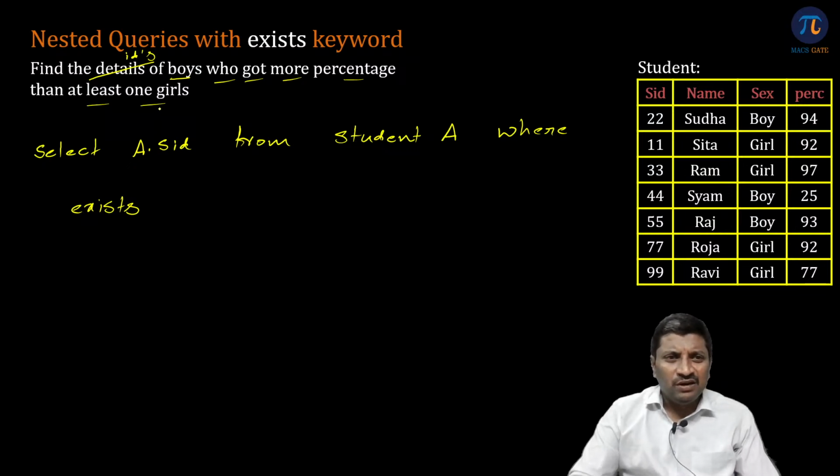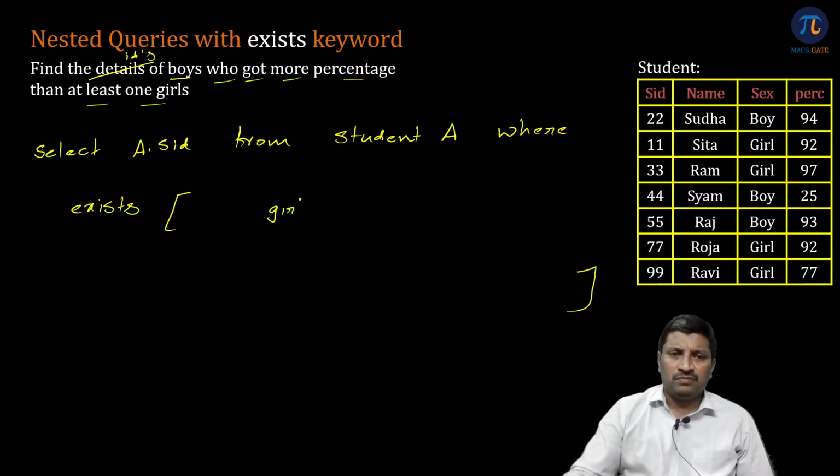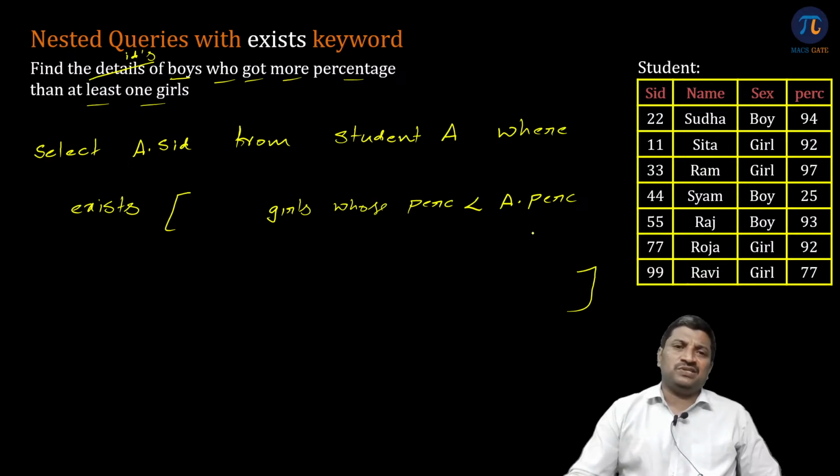Now what do you need, sir? Find the details of boys who got more percentage than at least one girl. So what I do is, here I will display the girls whose percentage is less than A's percentage.